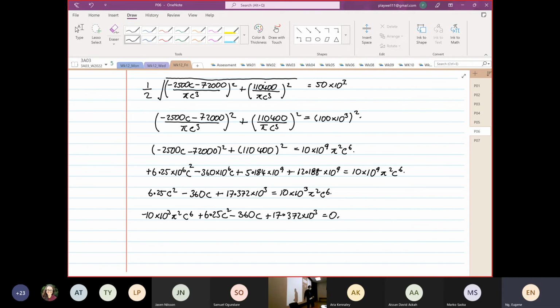Then you get to the power of 6, plus 6.25 times alpha C again, power of 2, minus 360 times alpha C, plus 17.372 power 3.